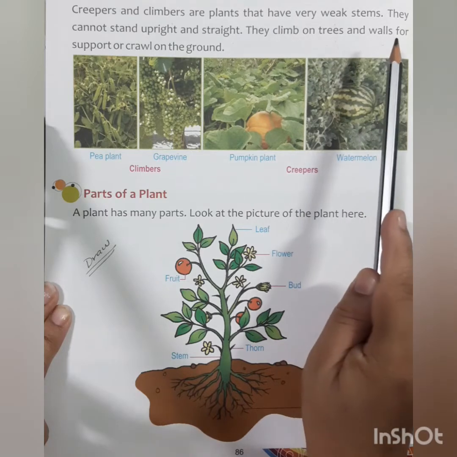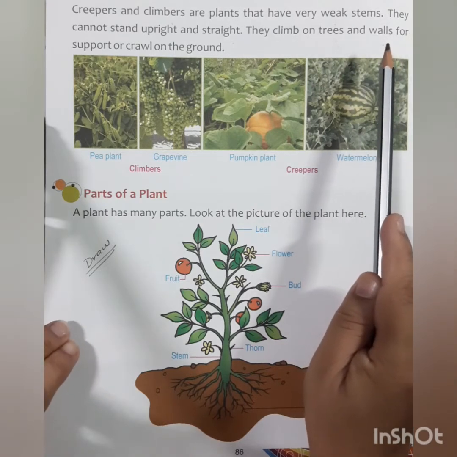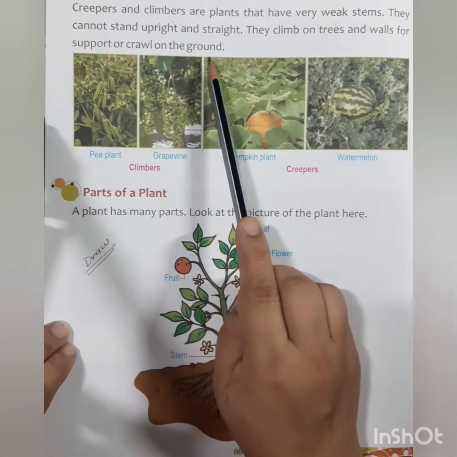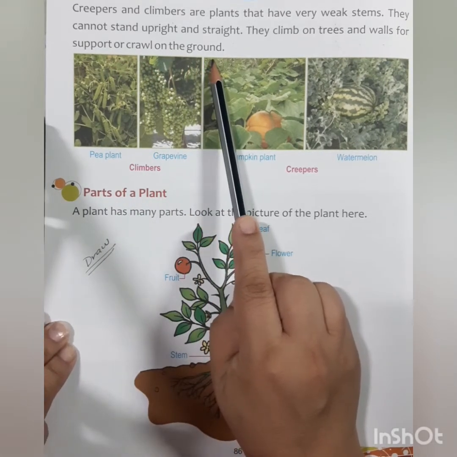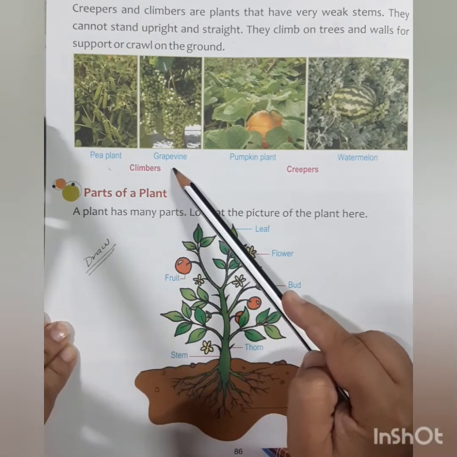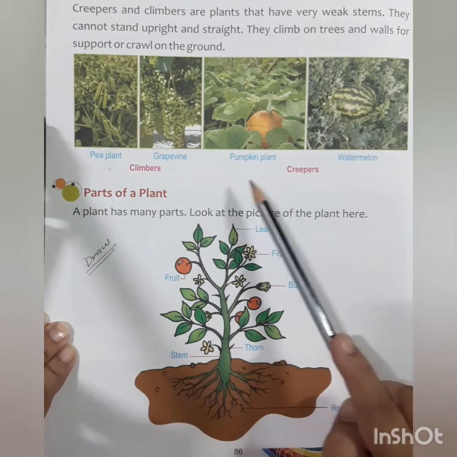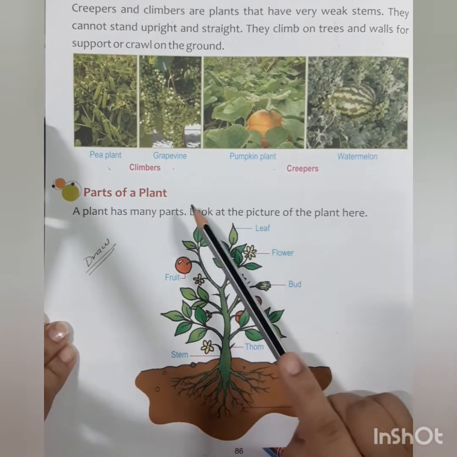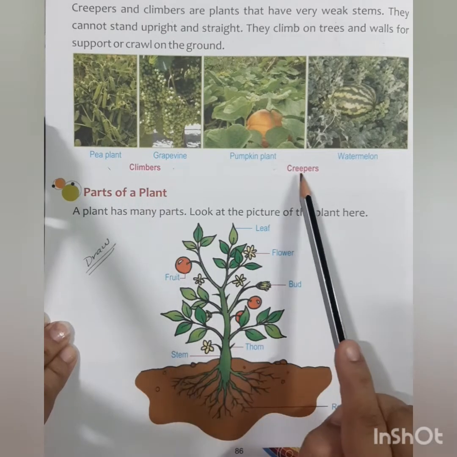You must have seen a money plant, right? Yes, creepers and climbers are like that, for support or crawl on the ground. Let us see some examples. Pea plant, जिसे हम मटर भी बोलते हैं, grape vine, अंगूर, pumpkin plant, and watermelon. All these are examples of climbers and creepers.